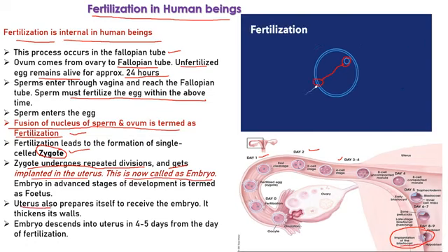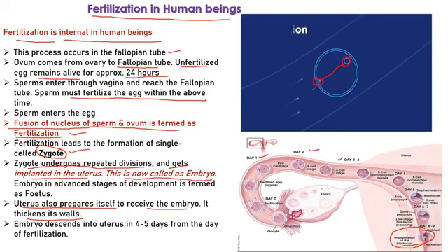The uterus also prepares itself to receive the embryo. How does the uterus prepare itself? The walls of the uterus get thickened, and there is a lot of blood supply, because the new blastocyst or embryo needs a lot of nutrition, as there is rapid cell division.